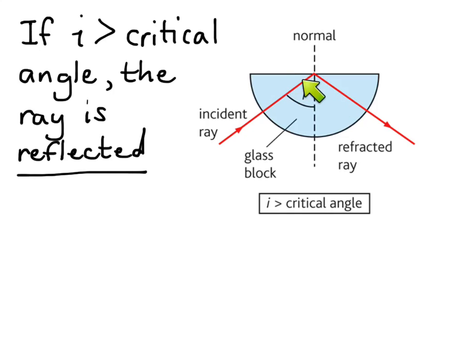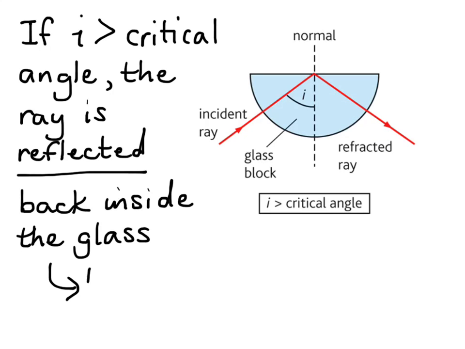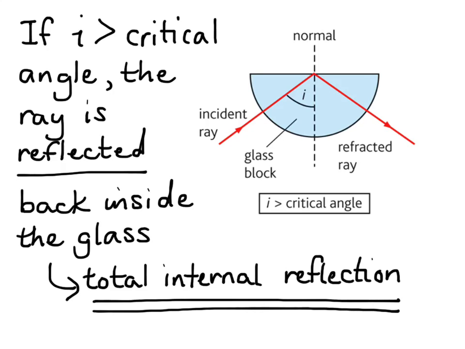So the back of the block here acts as if it was a mirror, so you get complete reflection. So it comes back inside the glass, and that is called total internal reflection. So total because nothing comes out the back, reflection because it's like a mirror, and internal because it all happens inside the material.